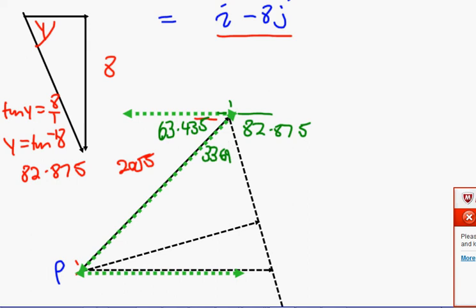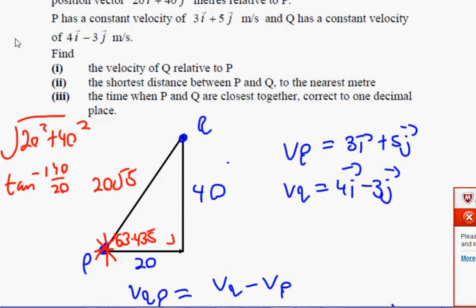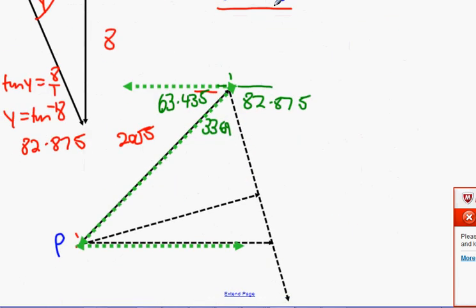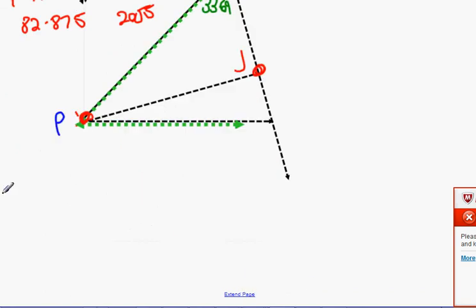Now, we're asked to find the closest distance. What's the closest distance? Here to here at 90 degrees. So what function are we going to use?